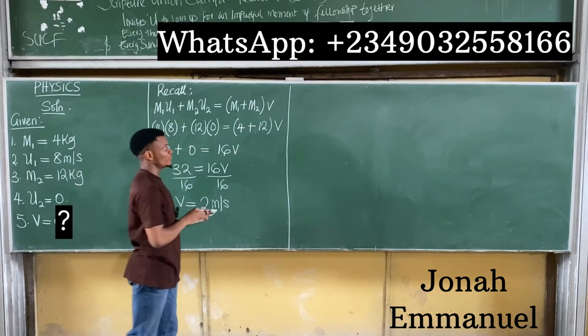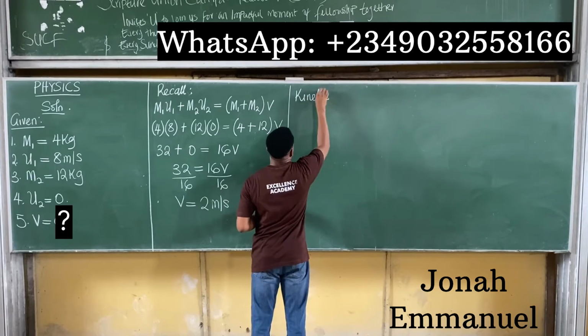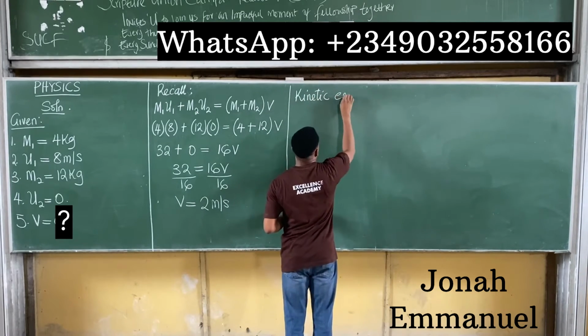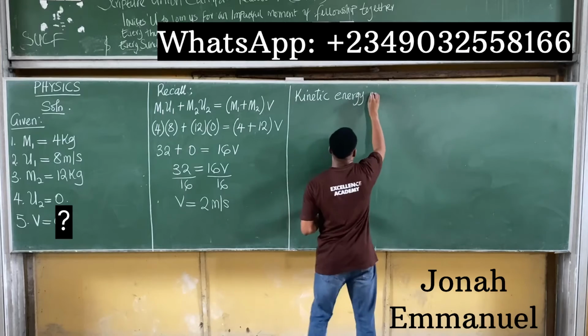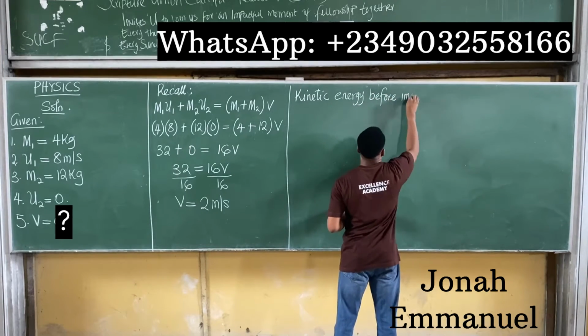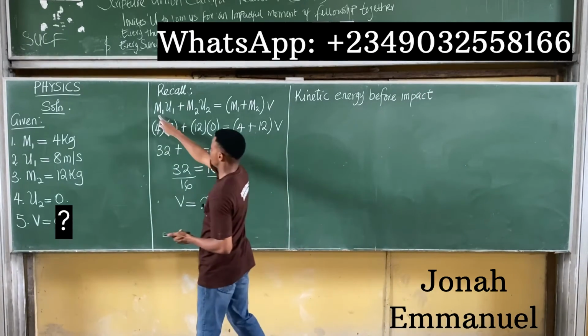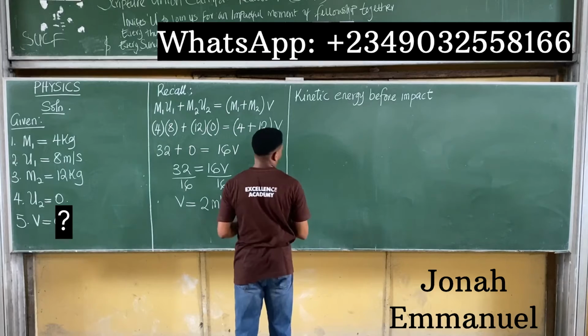The idea will be very simple. First things first, I'll look for the kinetic energy before impact, and to get that, I'll use the formula in terms of kinetic energy.